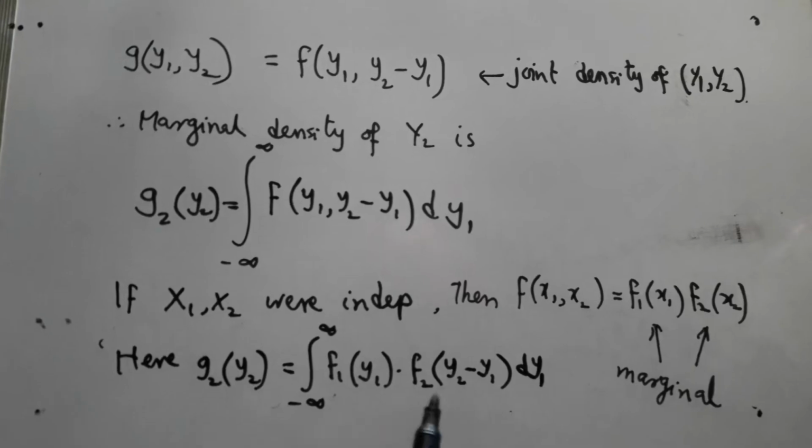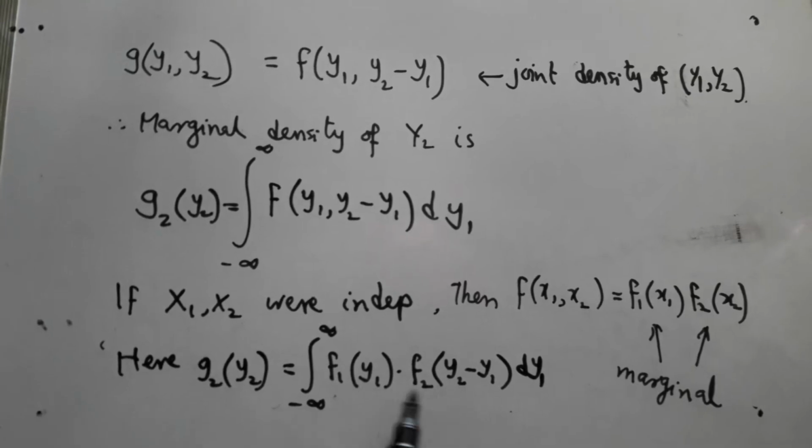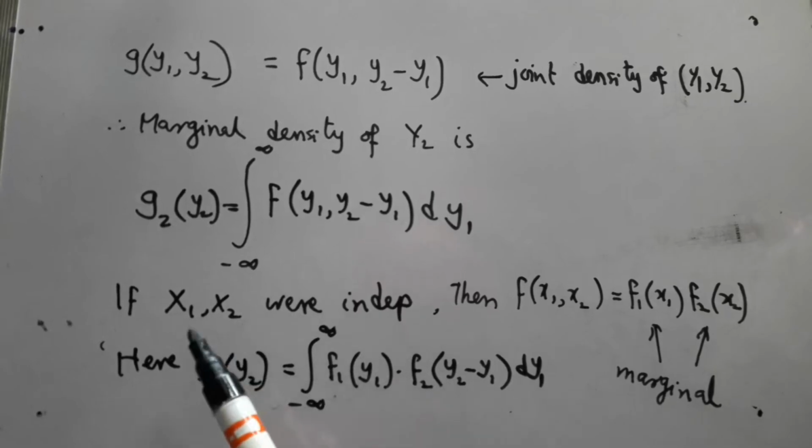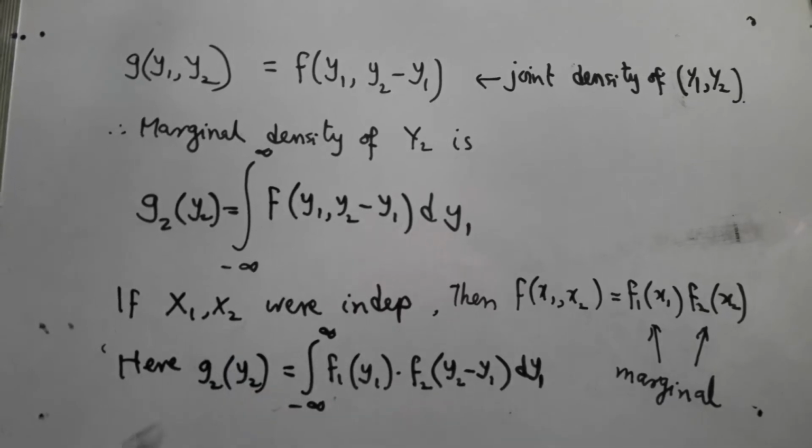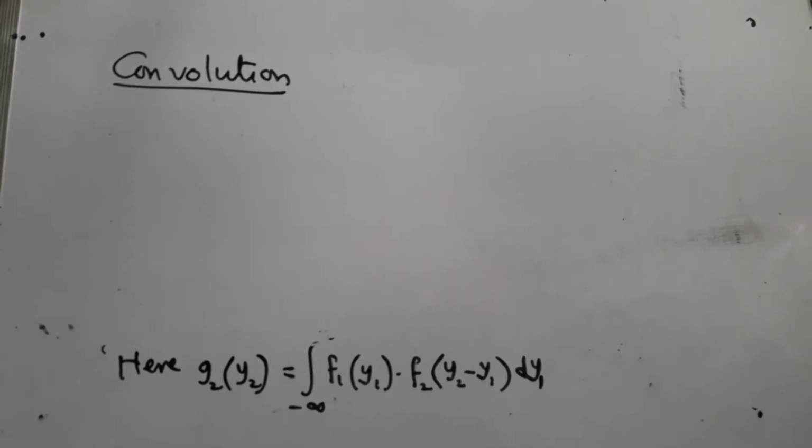Now this is an interesting way in which you can manufacture a new density from two given densities. f1 is one univariate density, f2 is another, and if you do this process you will get a third density, and there is a name for this. It is called convolution.